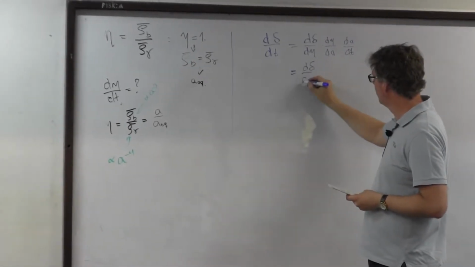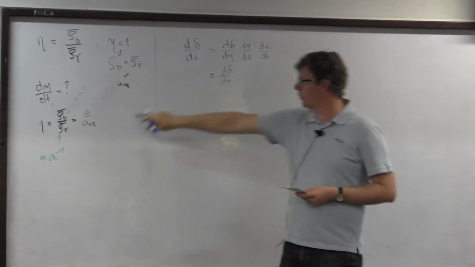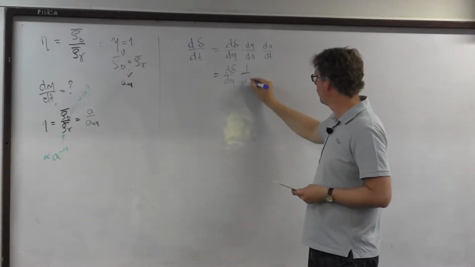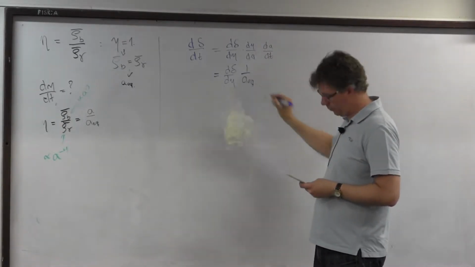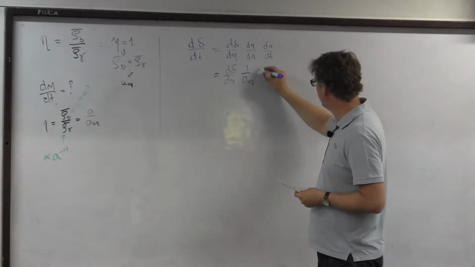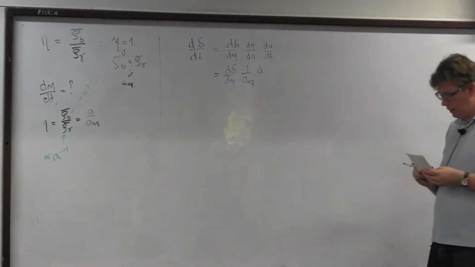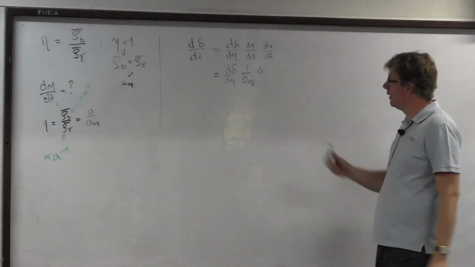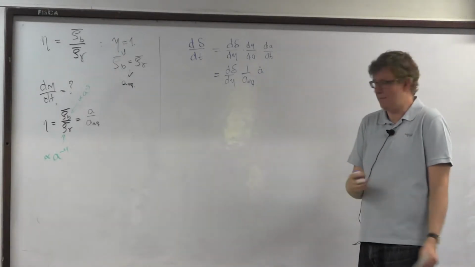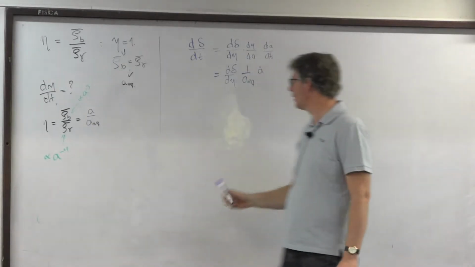And this is reasonably easy. D delta d eta. This one, you know, because it's here. D eta dA is 1 over A equality times A dot. And this ratio is not so useful because I don't know really what that means. So I would like to get this one in because that's eta. I know what that means.